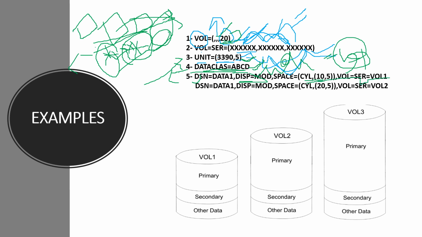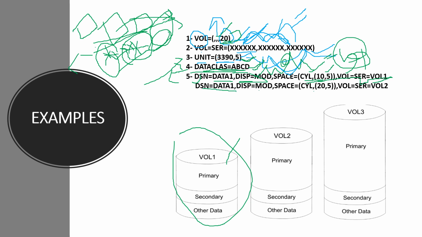For the same file, you have given MOD, and you said that 10 is primary, 5 is secondary, and the volume is volume 1. If this space isn't enough, it will go to the next step.